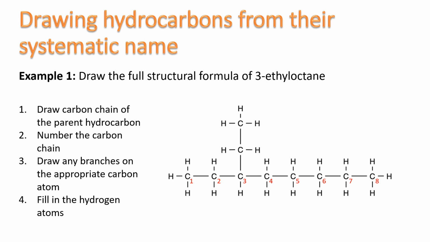Now to do this, you look at every carbon in turn and how many bonds are currently attached to it, and you make that up to 4 by adding hydrogen atoms. So for example, on carbon number 1, with no hydrogen atoms, there was only 1 bond, so we needed to add 3 hydrogen atoms to make that up to 4 bonds. So if we pause here and copy this example down.